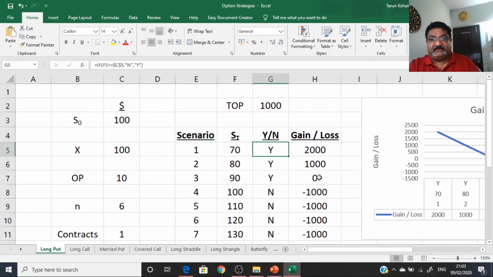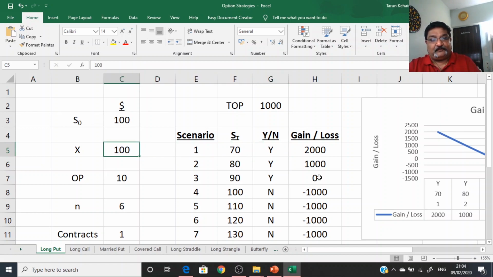What I've tried to do here is put a formula for seeing in which scenarios an investor or a trader will exercise this long put option, or in which cases he will not exercise the put option. Now, quite obviously, as long as the exercise price is more than the stock price at expiration, the trader will exercise the put option.